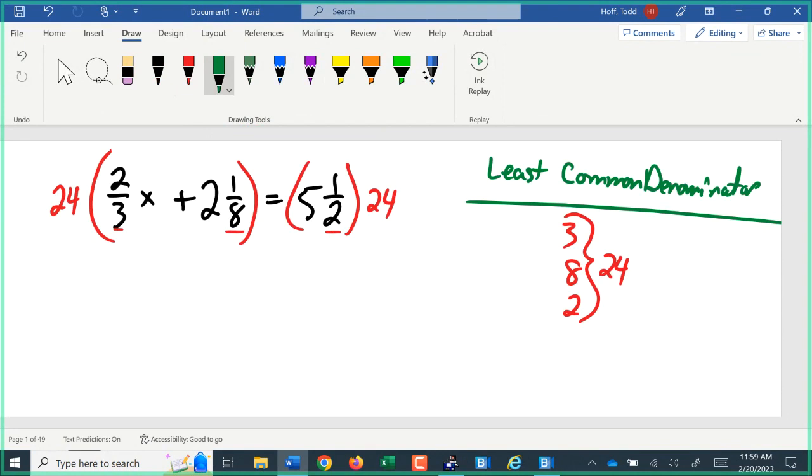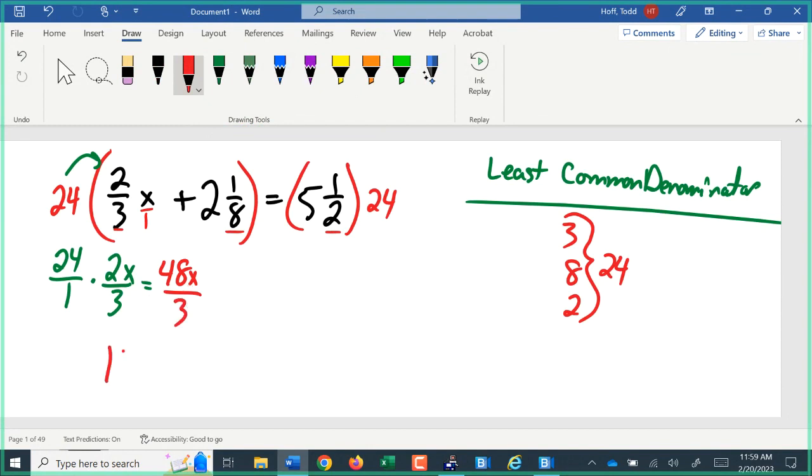So on the left side here, we have 24 times 2/3 x, 24 over 1 times, now 2/3 x, I'm going to write the x on top. 2x over 3 is equivalent to 2/3 x. Think of that as x over 1, so it's 2 times x and 3 times 1. So I have 24 times 2x is 48x. 1 times 3 is 3. 48x divided by 3 is 16x.